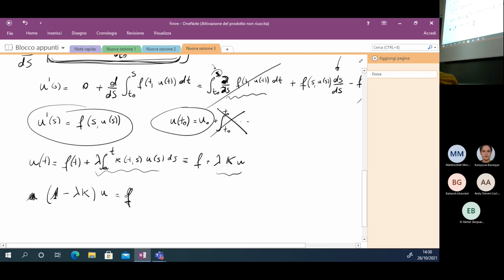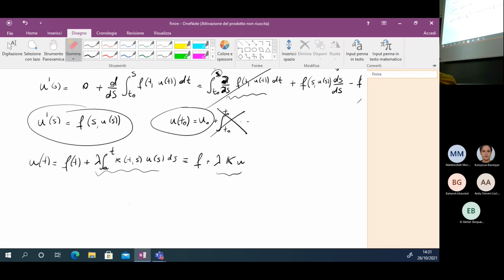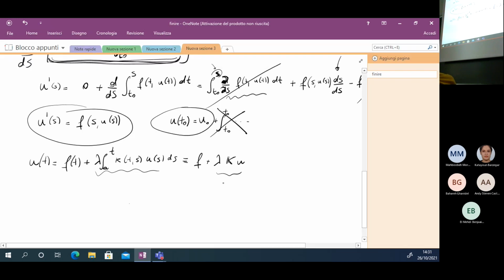Probably it's better if we do all the passages here. So let me move this thing on the left-hand side. What I get is u minus lambda K u equal to f.